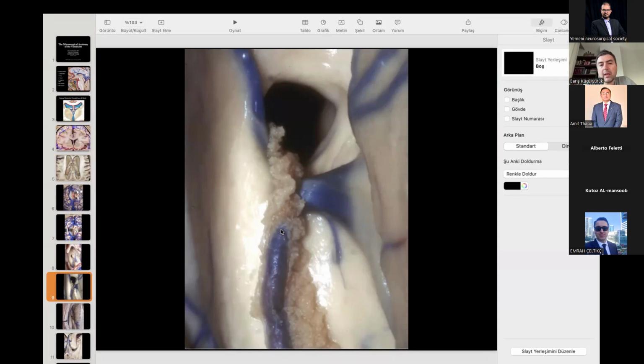The pathology may depress it or push it, but it's also helpful, as a conjoint to the thalamostriate vein. The thalamostriate vein and this small lateral course of the choroidal vein help us to find in which ventricle, left or right, we are.